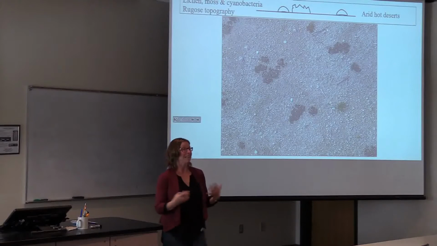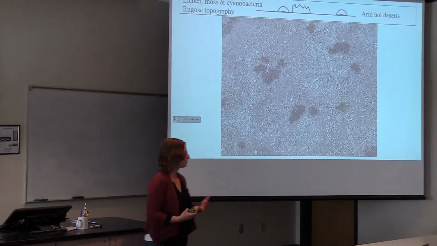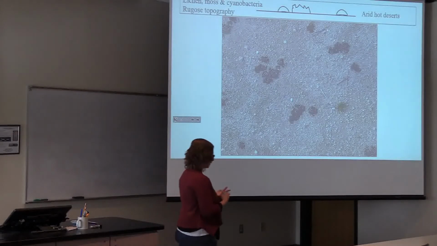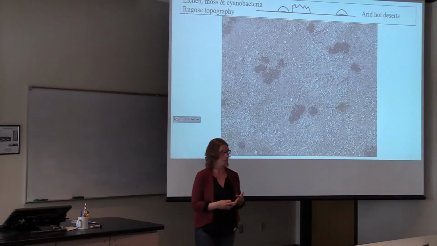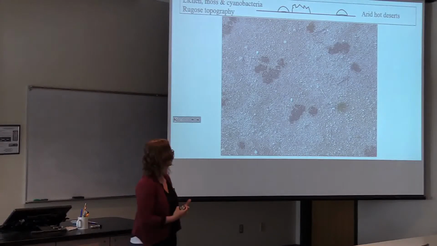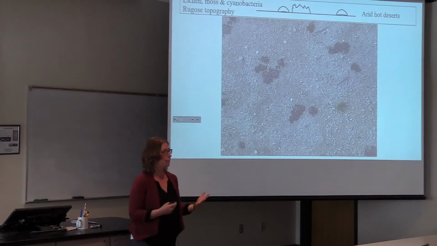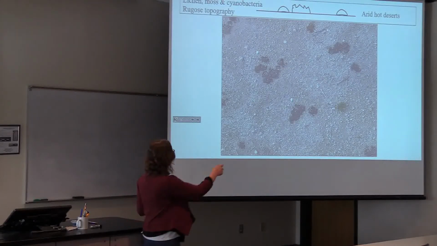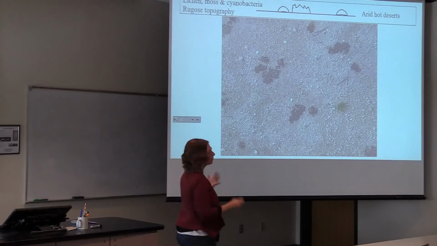Moving into a slightly less arid location, but still very arid hot deserts, you start to get moss and lichen and cyanobacteria in the biocrust community. But it's still very patchy, it's very dry, and the topography of these biocrusts is described as rugose and very patchy. So you can see them every so often, but they're not everywhere, right?